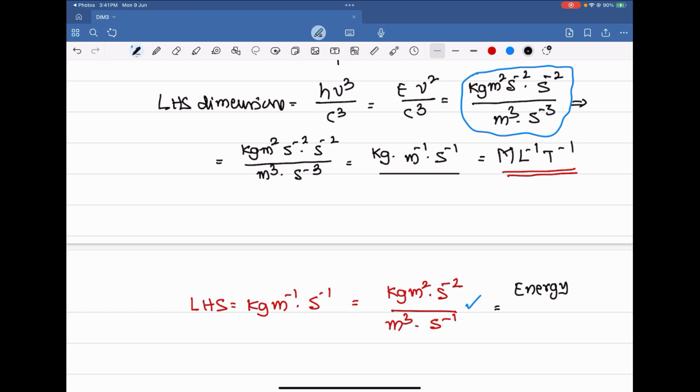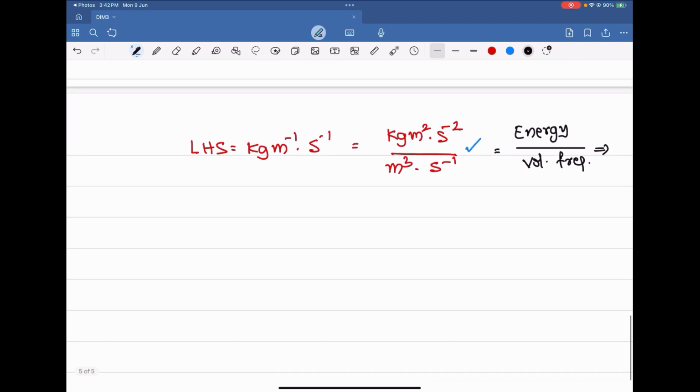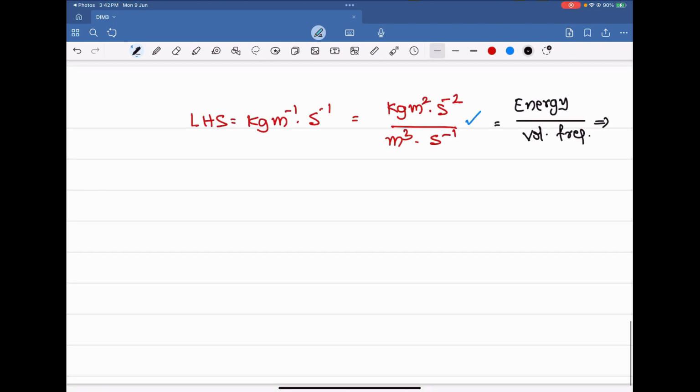You see the beauty of dimensional analysis. Cubic meter is a volume, per second is frequency. That means the left hand side from the dimensional analysis, on the right hand side there is a definition.